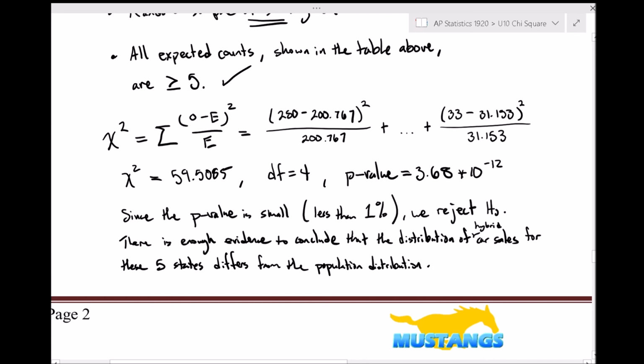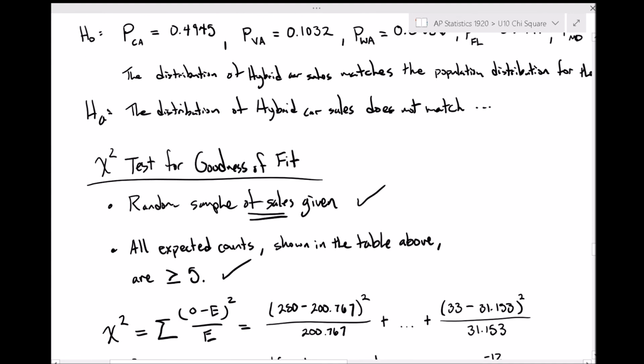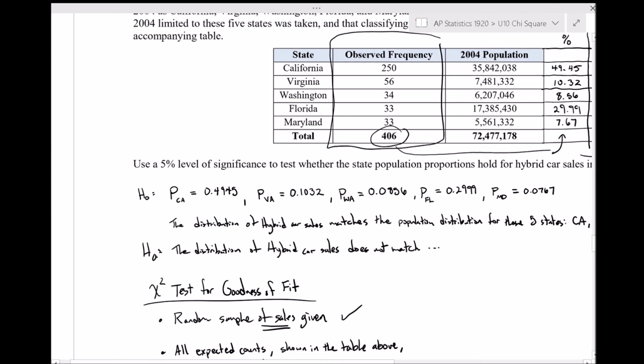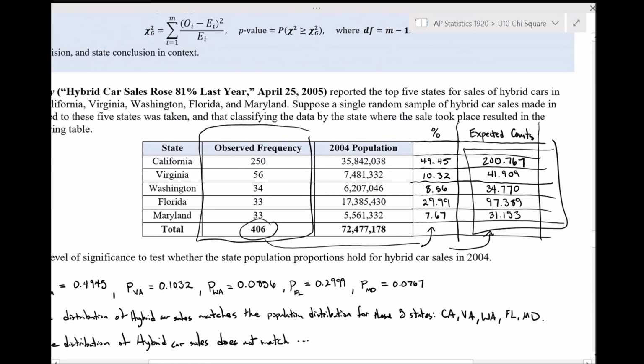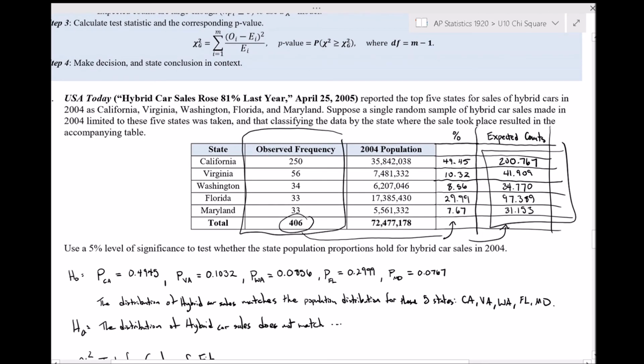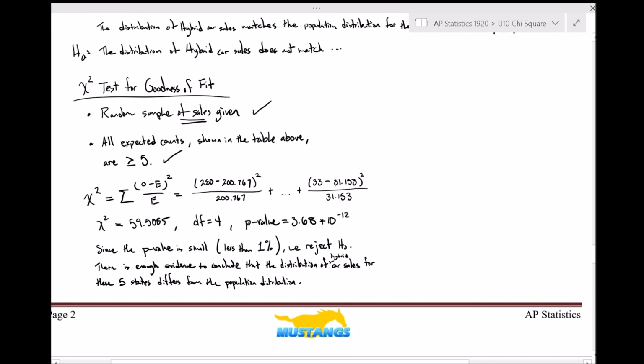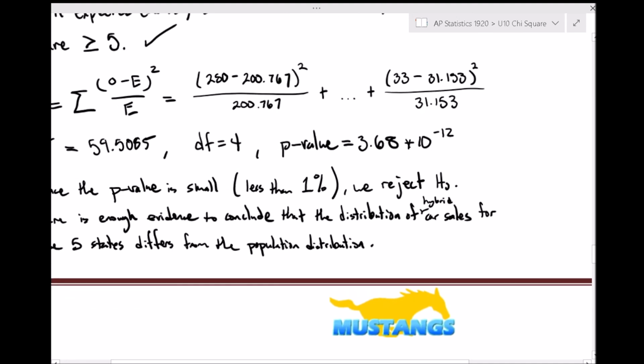I'm going to check to see if there might be a better way to say this, and that's going to depend on the question. So we're testing whether or not the state population proportions hold for hybrid car sales. Let's see. No, that's the way they said it, so I could use their wording, but I've already written that, and that's good enough.